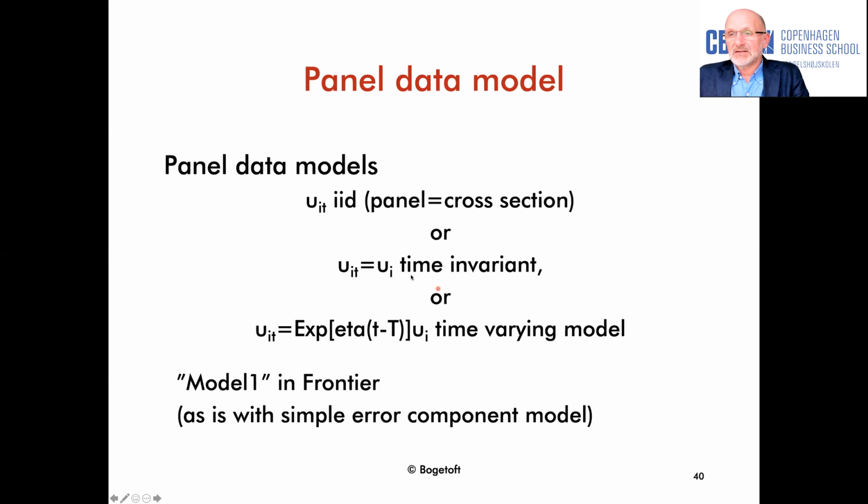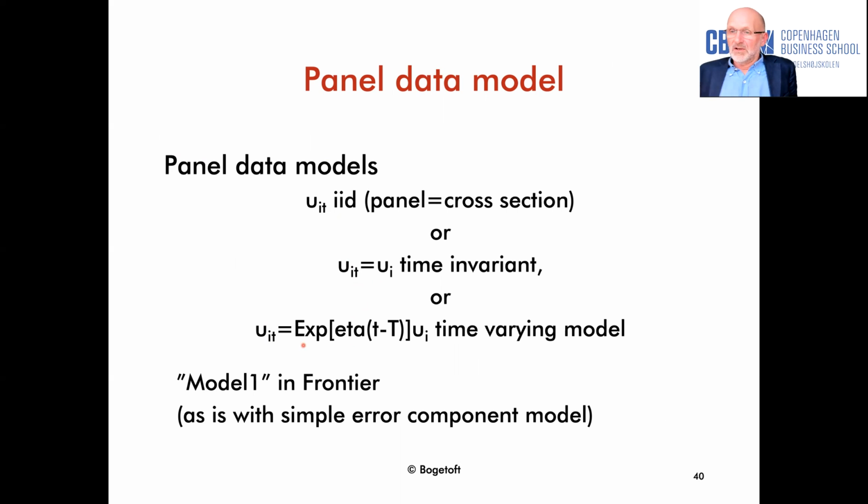Sometimes you have panel data, and if you have panel data, you might want to impose some structure on that, where, for example, you assume that the inefficiency term is firm specific. It doesn't change over time, so it's time invariant. You can also assume that for a given firm, you have an efficiency term that is developing systematically over time.